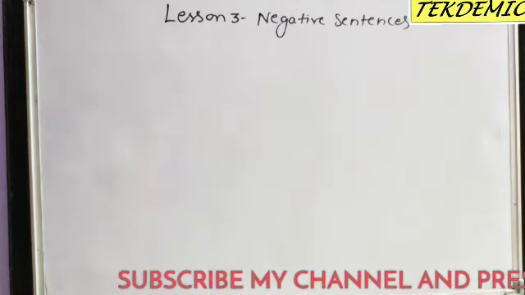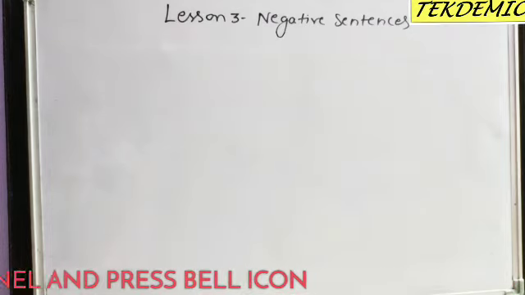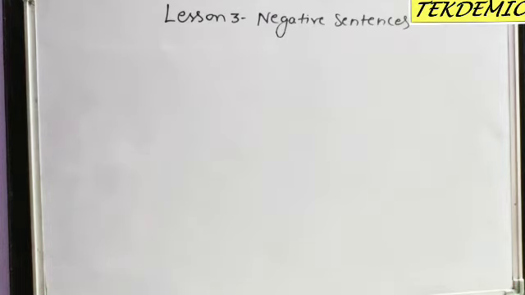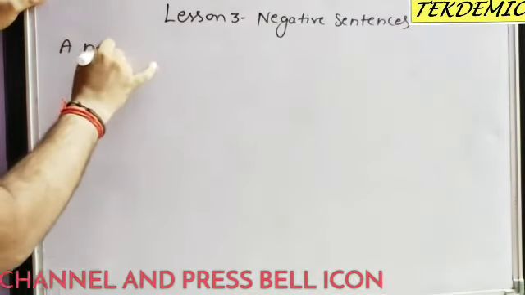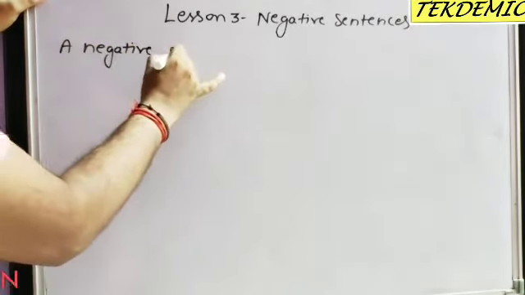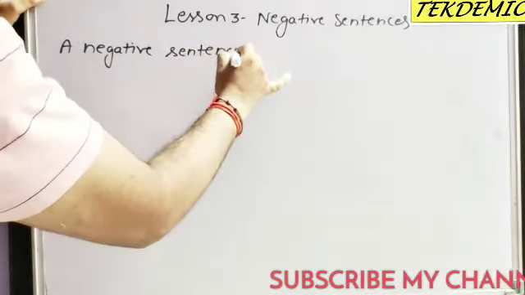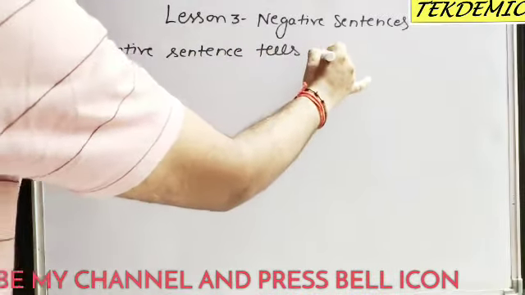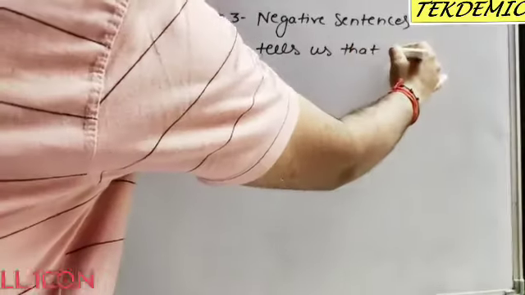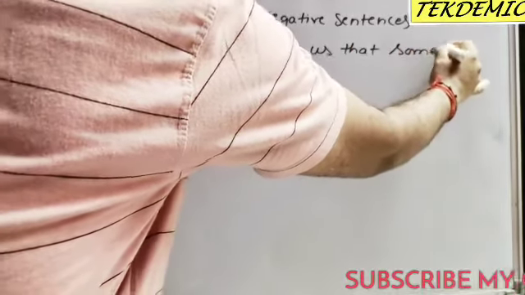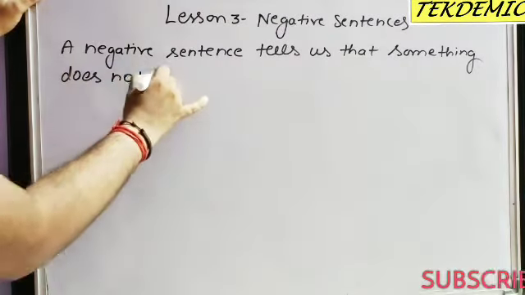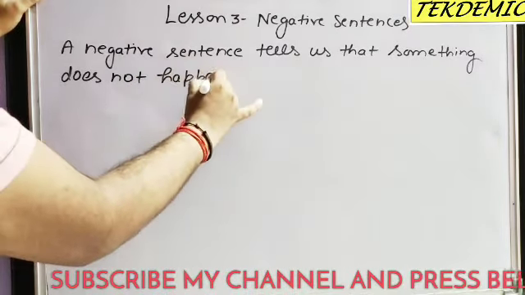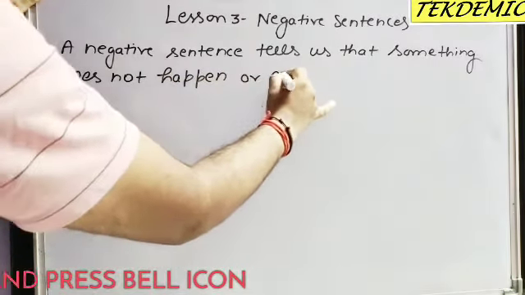Children, today we will learn about negative sentences. So what is a negative sentence? A negative sentence tells us that something does not happen or exist.